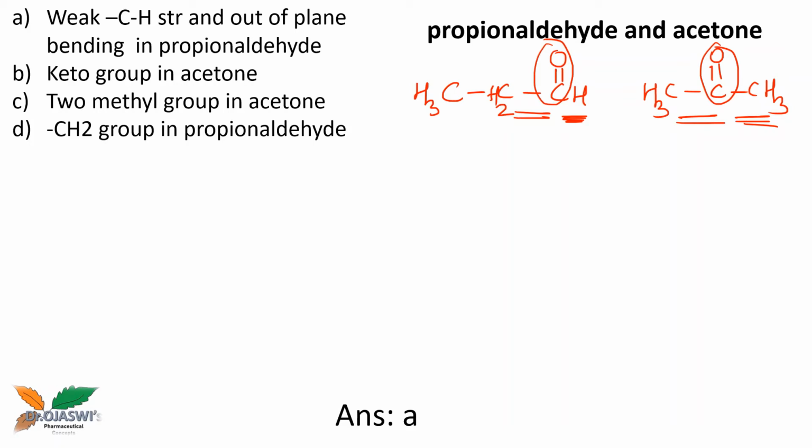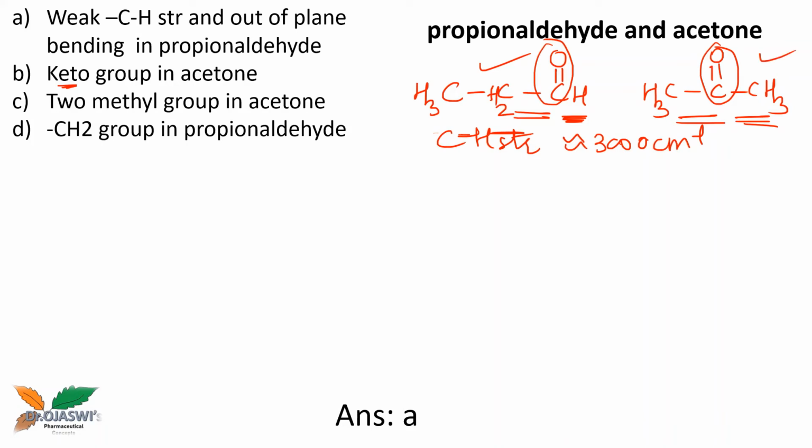So it is the CH bond, CH stretching, that is the distinguishing feature and not the keto group, because the keto group is present in both of them. Two methyl groups are present in acetone, that is not a problem, because the CH stretching of methyl groups will appear around 3000 centimeter inverse in propionaldehyde also and in acetone also.